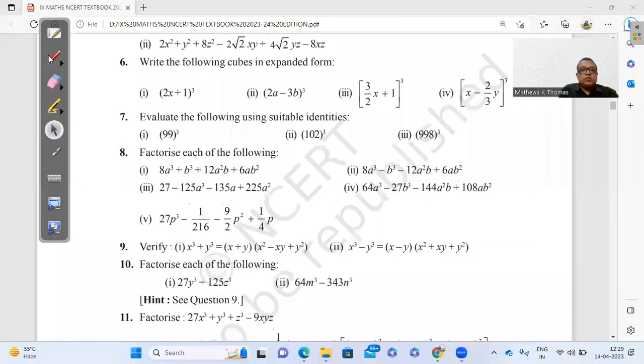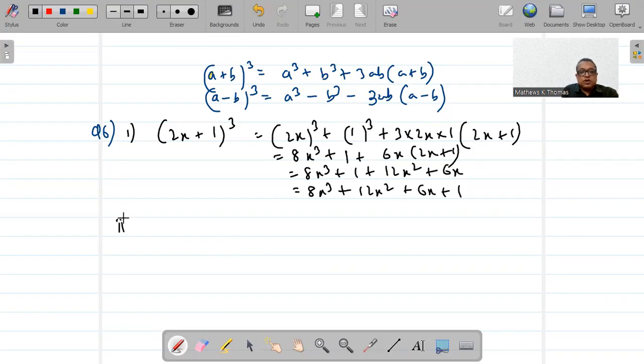Second one is 2a minus 3b whole cube. So now I'm going to apply the second identity written here. I'm going to use a minus b whole cube, that is a cube minus b cube minus 3ab bracket a minus b. So let's see what happens here.